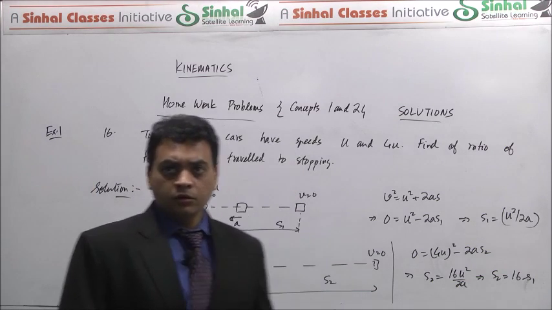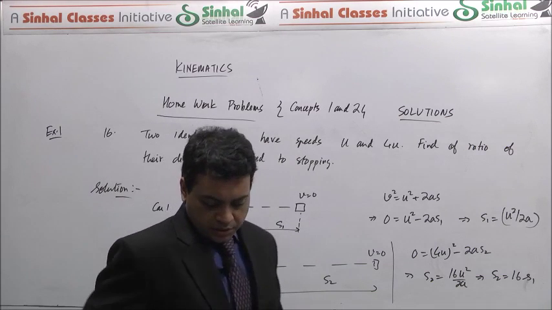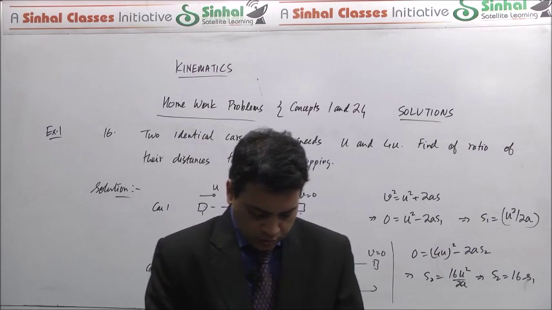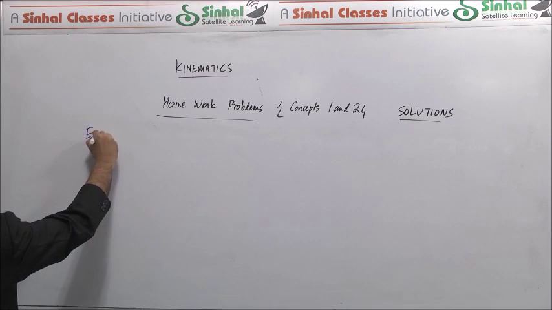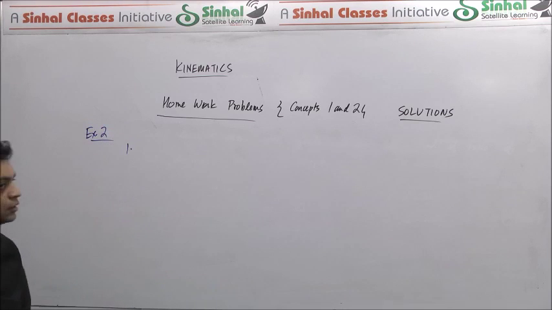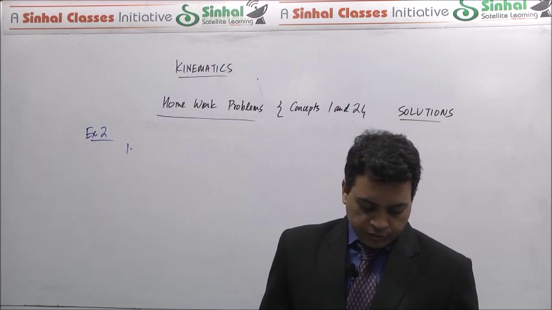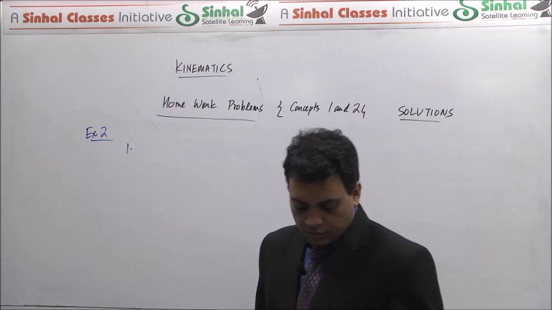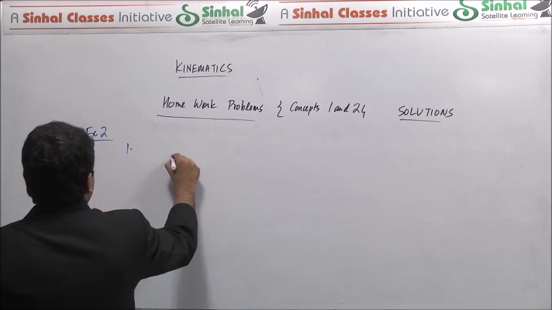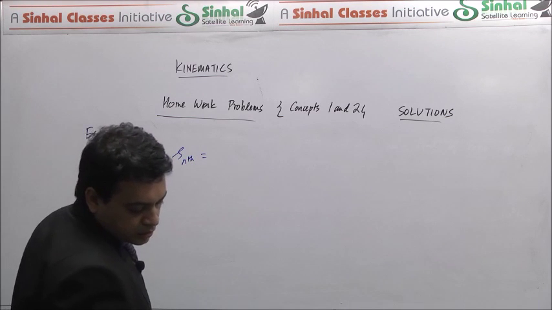So moving on to the next exercise. Okay, so the first question of exercise 2, it says that a body moving with uniform acceleration travels a distance of the displacement during the nth second is given by the formula.